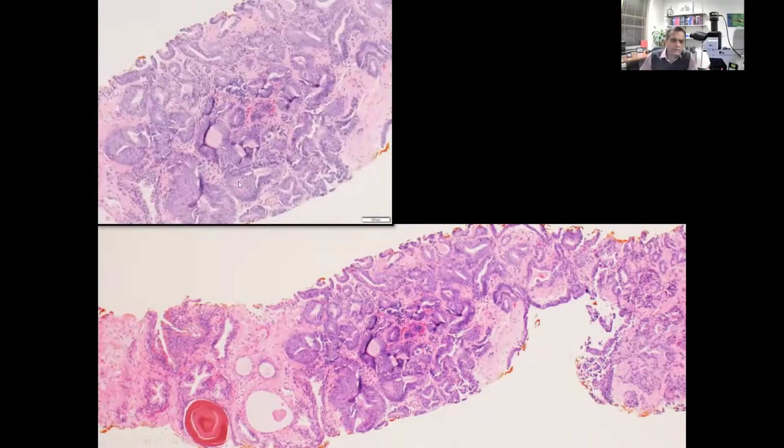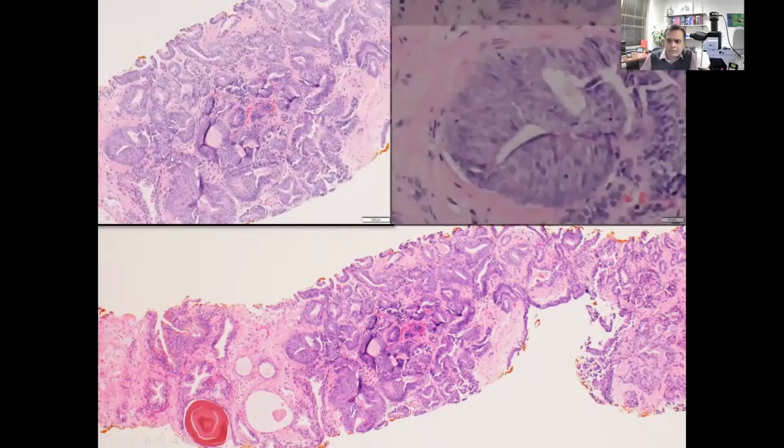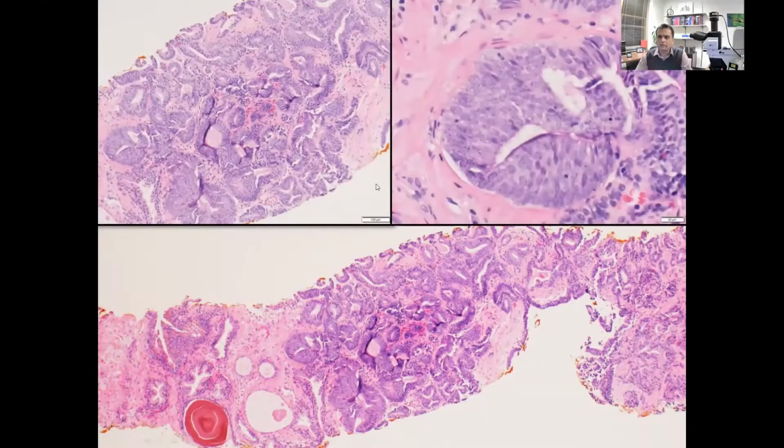And if you look closer, they are clearly atypical, and the higher power picture even shows some apoptotic activity. I do not see mitotic figures, but this is clearly abnormal.